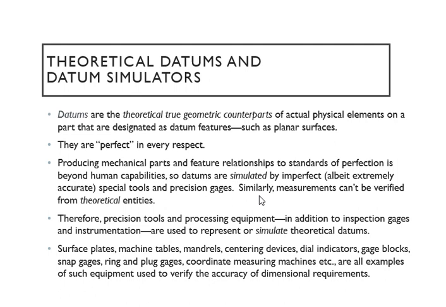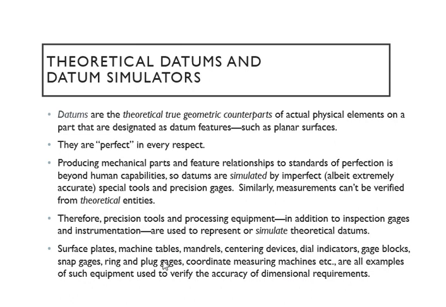So what can we do with that? Because of these measurements from the datums, we can do production, precision tools, processing, and equipment. Here is a list of tools we use to verify the accuracy of the dimensions we do, and also the dimension requirements for your parts.